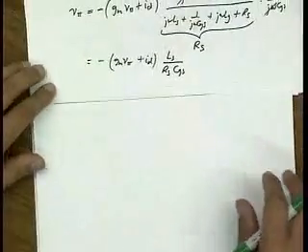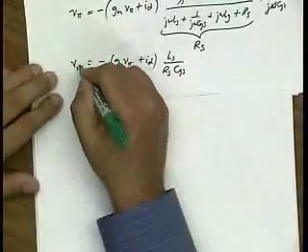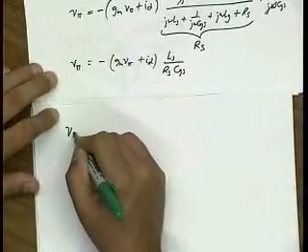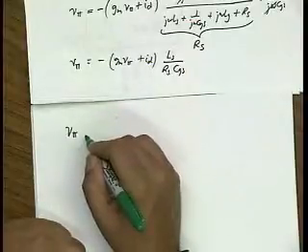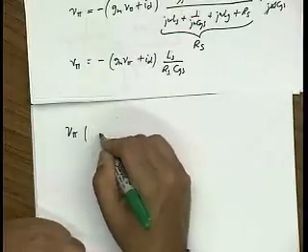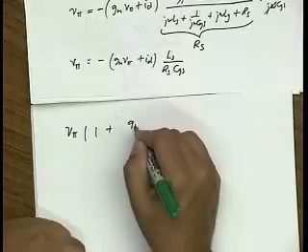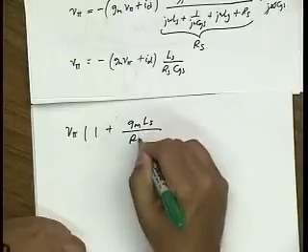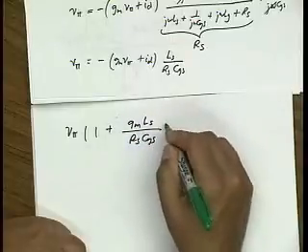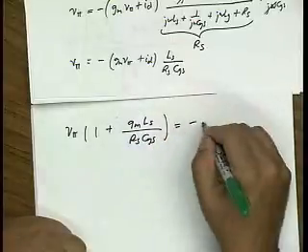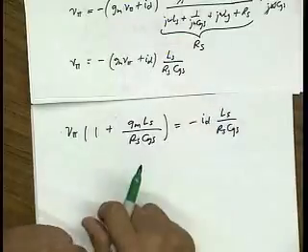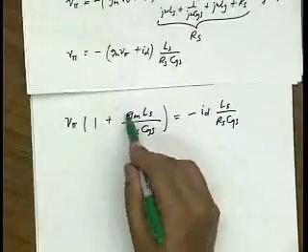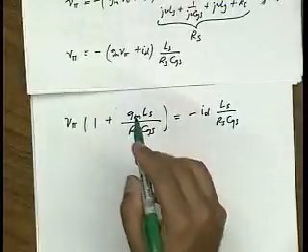And so let me solve here for V pi. So this is also V pi. So I have V pi times 1 plus Gm Ls over Rs Cgs is equal to minus I drain Ls over Rs Cgs. Okay? And you guys will recognize Gm over Cgs as omega t.